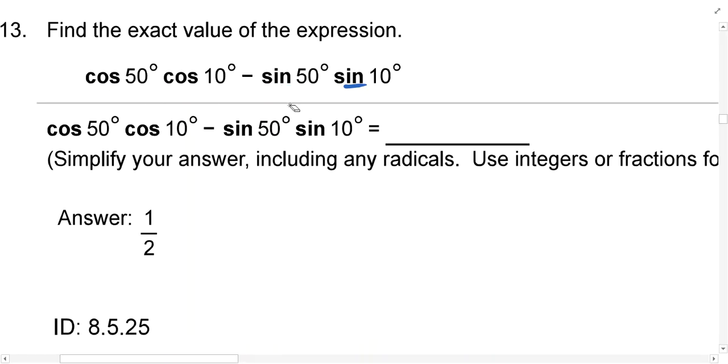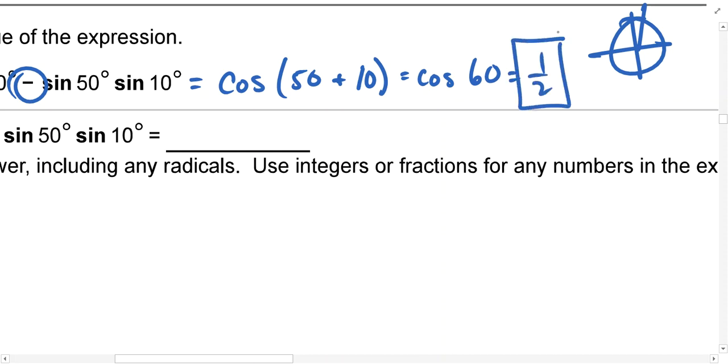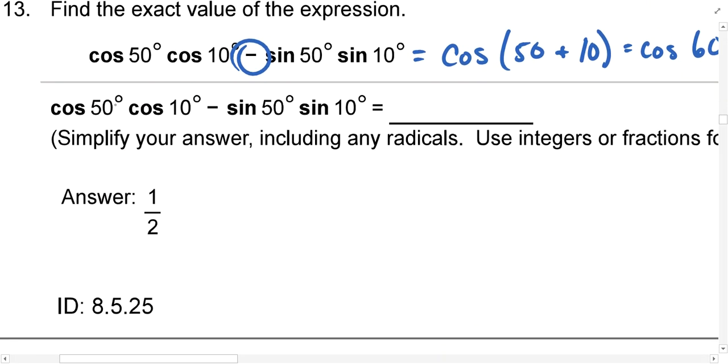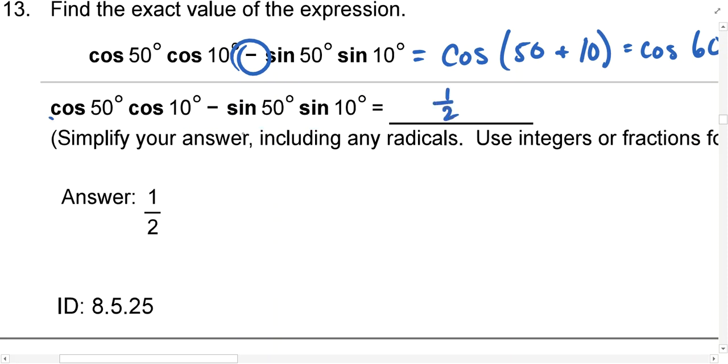So there is a difference or a subtraction in between. We're talking about the sum identity for cosine. And alpha in this case is 50, beta in this case is 10. So 50 and 10 is, of course, 60, and the x value at 60 degrees is equal to 1/2. So we know this whole expression here is really just equal to 1/2.